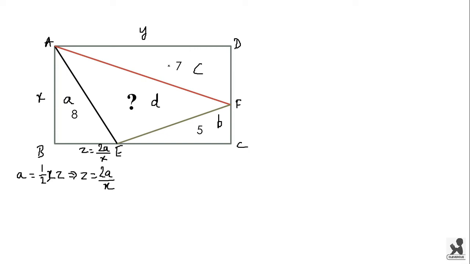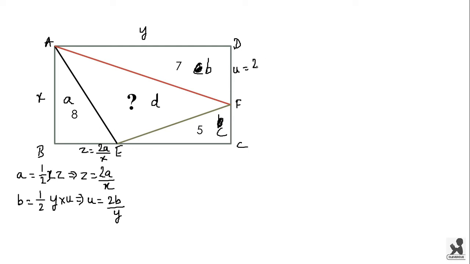Now let us find the area of the other triangles, let this be B and this area be C. The area of B is half y into, and let the length of DF be u, half y into u. From here we get the length of u as 2b by y.